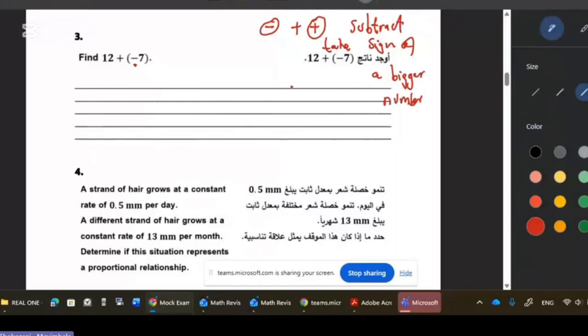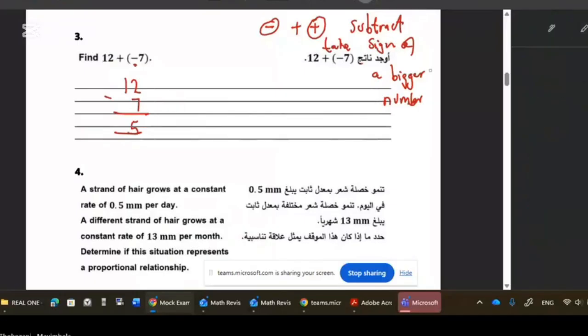All right, now let us subtract in this one here. So we have 12, so it simply is like 12 minus 7. So 12 minus 7 will give us what? 5. Okay, the answer is 5.